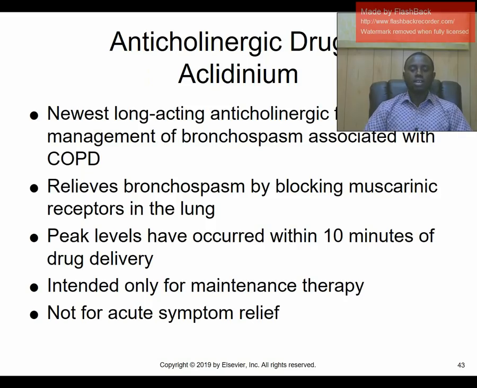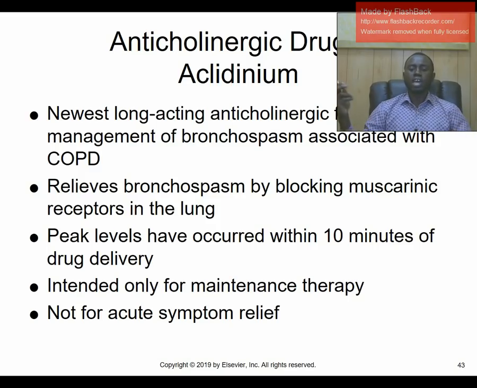Other anticholinergic drugs include aclidinium, and this is the newest long-acting anticholinergic for the management of bronchospasm associated with COPD. And it relieves bronchospasm just like all the other ones by blocking muscarinic receptors in the lung.